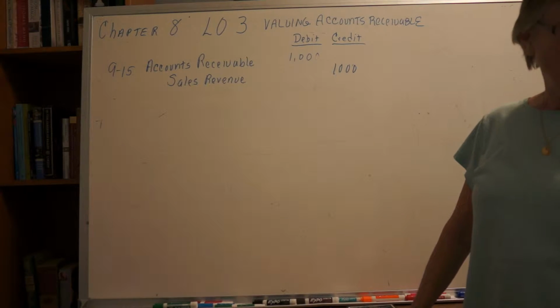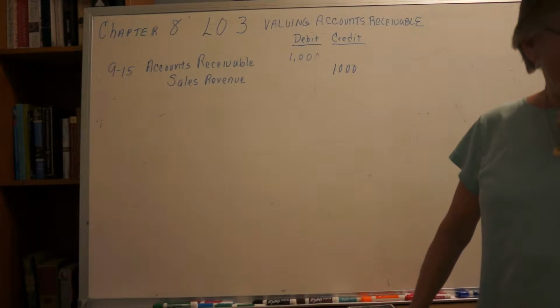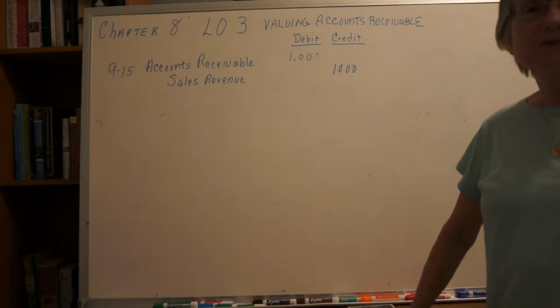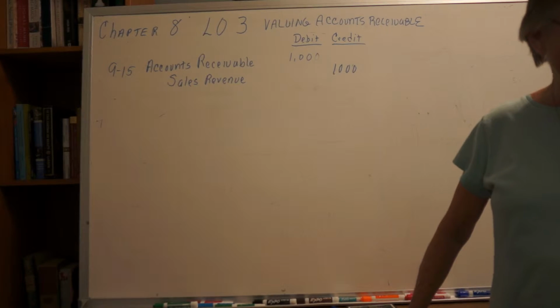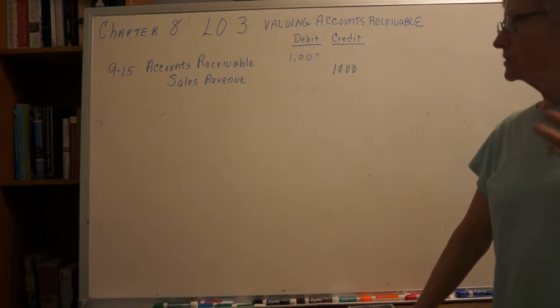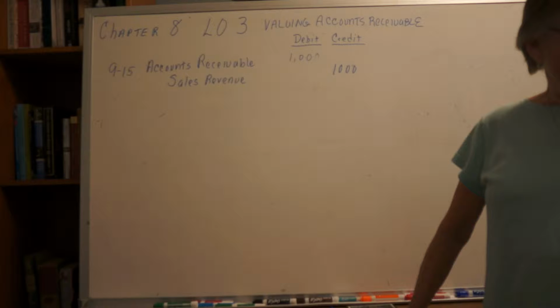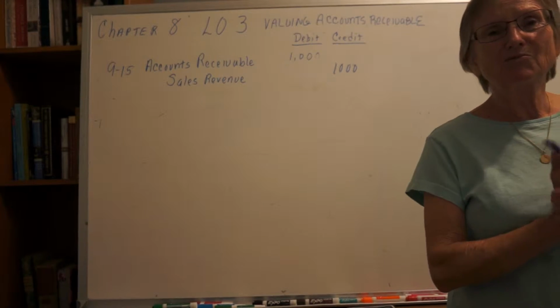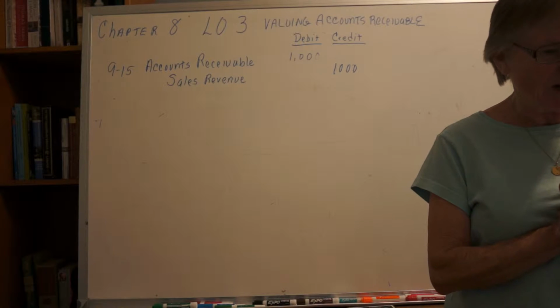In other words, we have accounts receivable and sales revenue. Except that now we know that in our business there's usually a significant amount of accounts that we don't collect. So based on past experience, we're going to assume that we usually wouldn't collect about $200 of this.